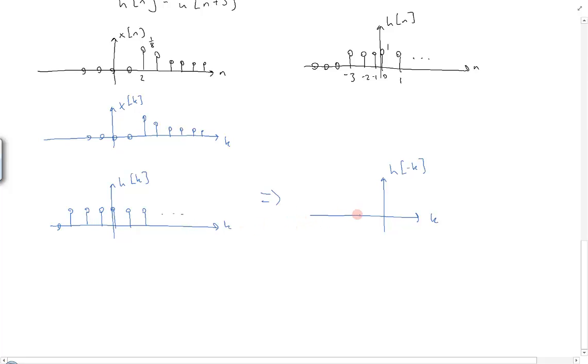And therefore we're going to get a signal that is defined as 1s up to the point 3 and as 0s everywhere beyond. And as 1s going backwards for all infinity. So that's just reversing this h of k to make it h of minus k.